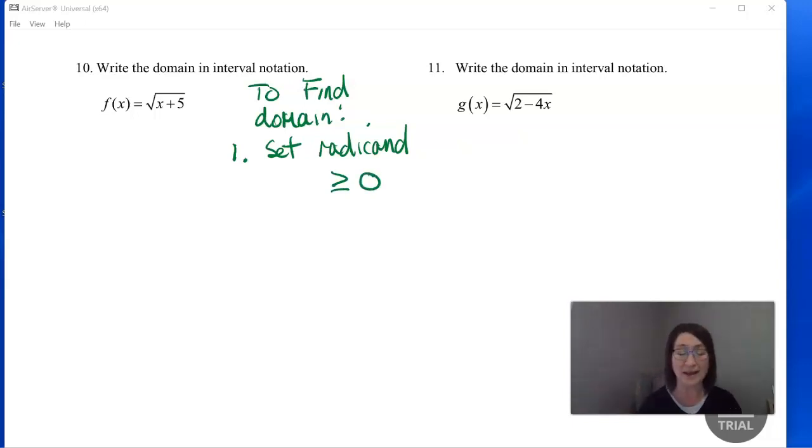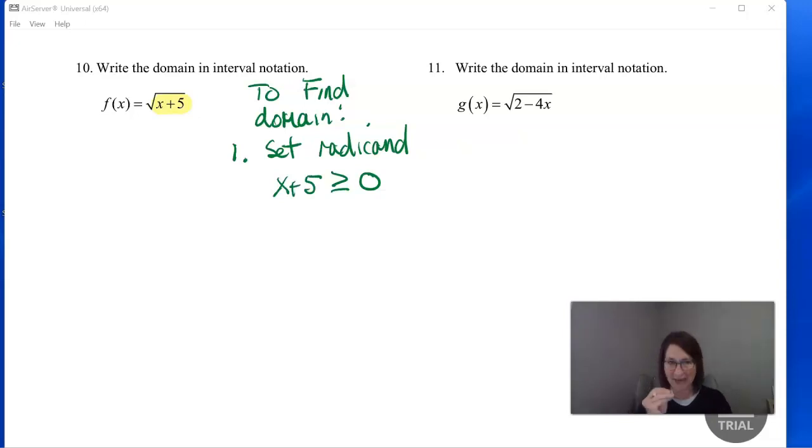Well, what is the radicand? The radicand is whatever is underneath that square root symbol, okay? And so in this case, it is going to be x plus 5.